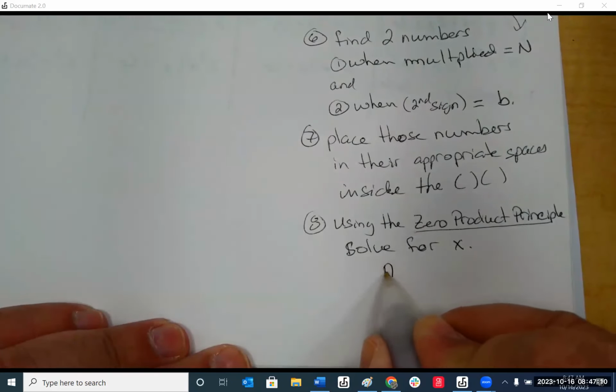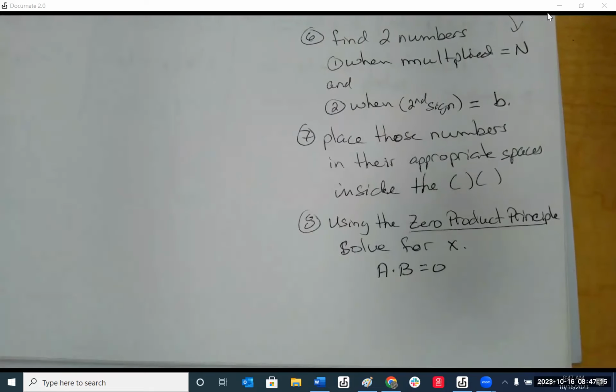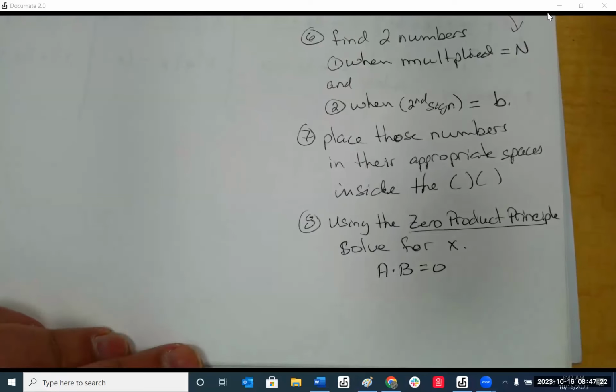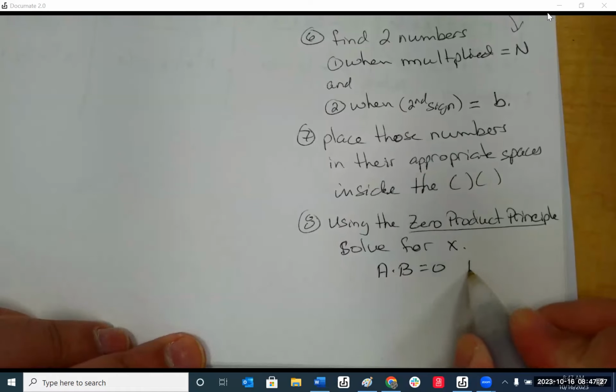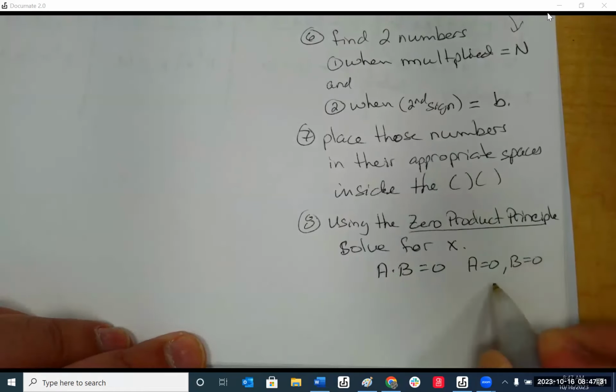If I have two numbers and I multiply them together and they equal 0, what has to be true? Any number times 0 is 0, right? So either A is equal to 0, B is equal to 0, or they're both equal to 0. And so since we don't know which one's which, we set them both equal to 0 and solve.